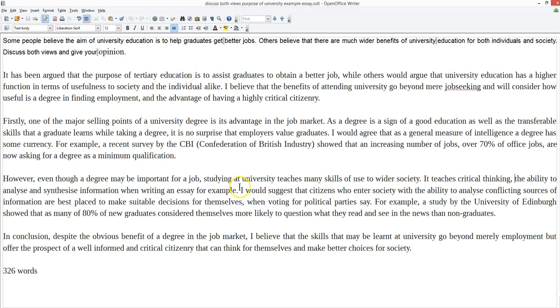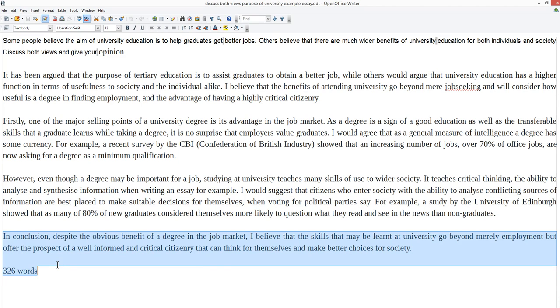So there's only two main ideas, and the signposted main idea one, main idea two, and then conclusion, a mirror of your introduction.